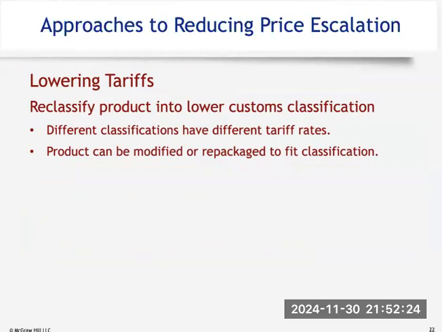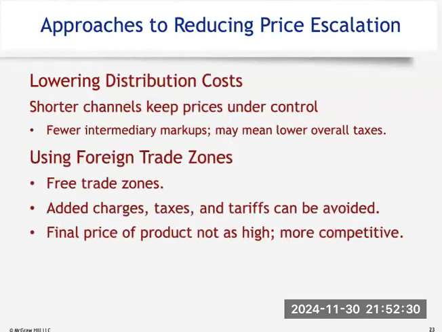But I think that's going to be called under inspection more and more. Lowering distribution costs, I don't see that happening anytime soon, but this could reduce the price escalation. And then just selling within the foreign trade zones, the free trade zones, could help you reduce the price.